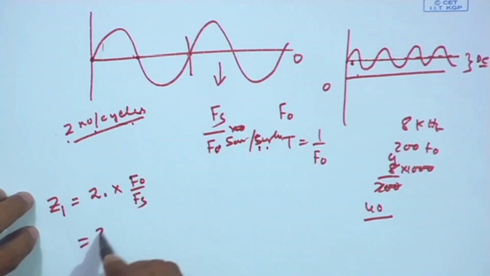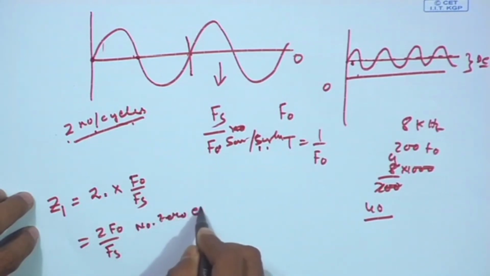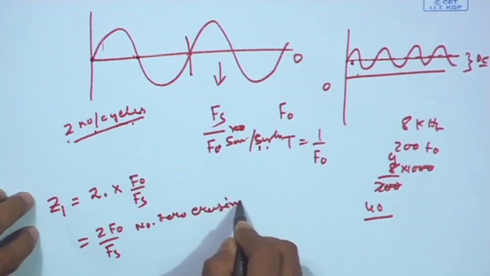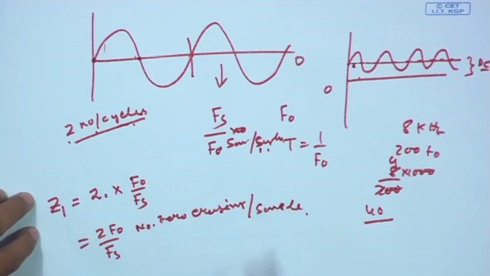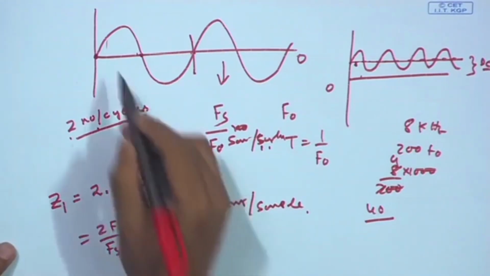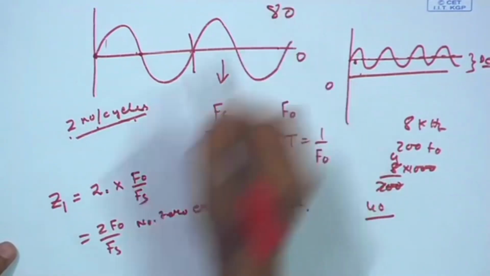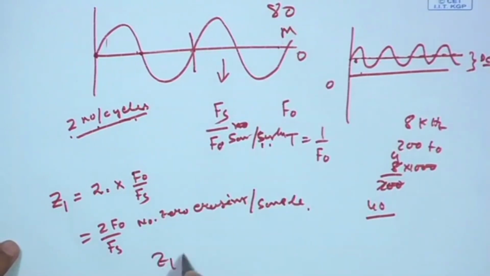So, I can say twice F0 by Fs is the number of zero crossings per sample. If I want to find the number of zero crossings of m samples, then Z1 is nothing but 2 F0 by Fs into m.